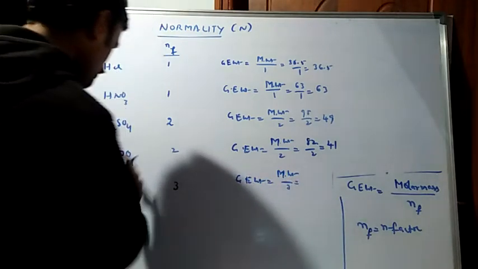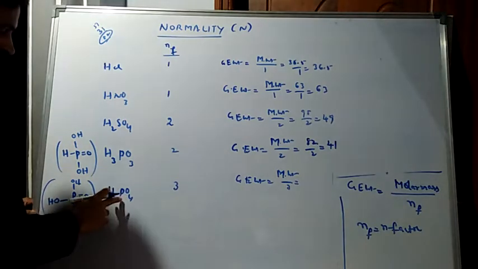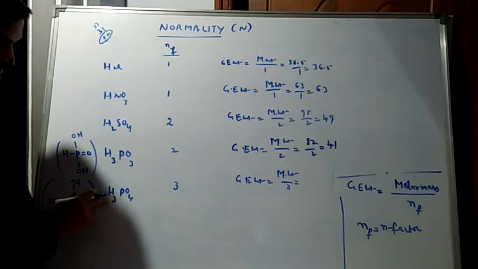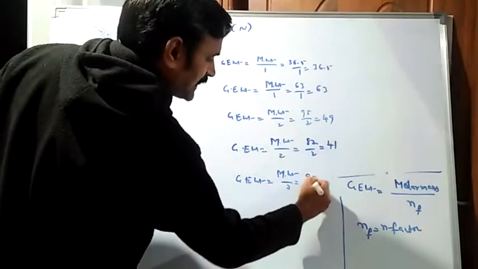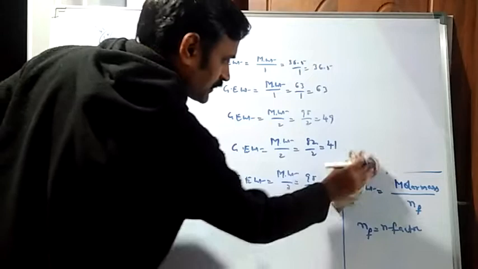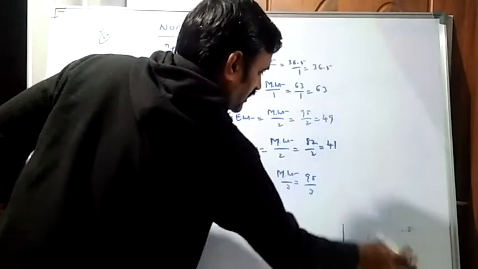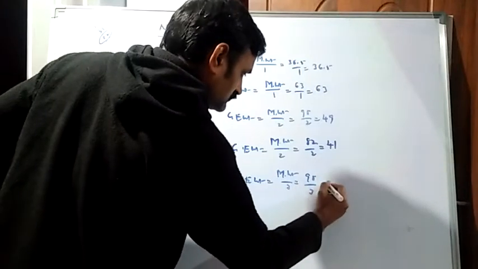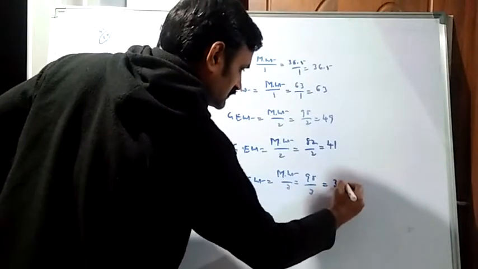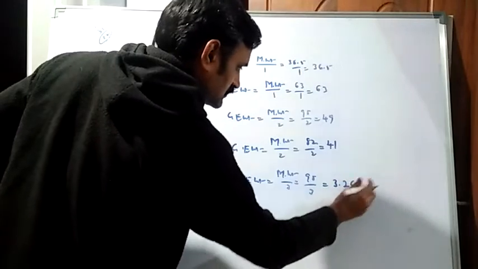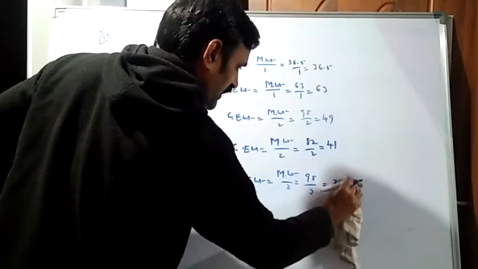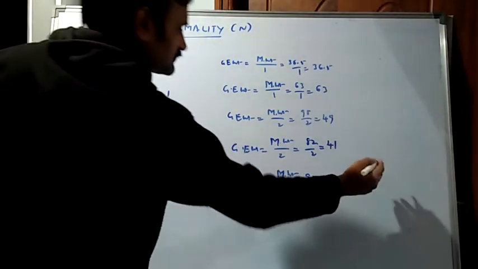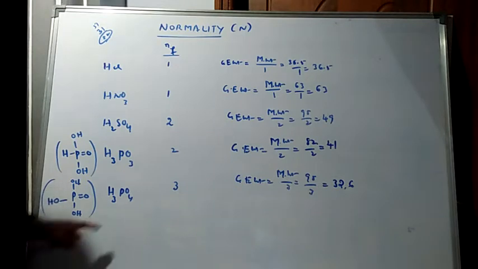Total 4 oxygens is 64, 1 phosphorus is 31, 64 plus 31 is 95, plus 3 is 98. So 98 by 3 will come. How much will that be? That is 32.6 odd, so that is phosphoric acid.